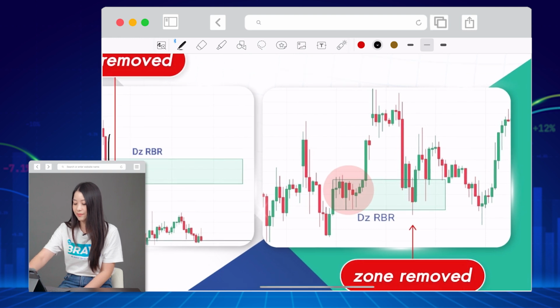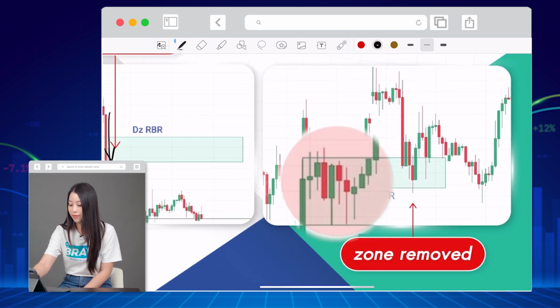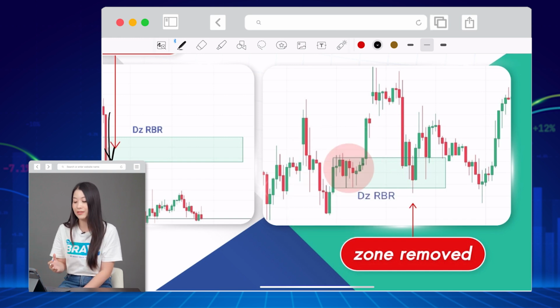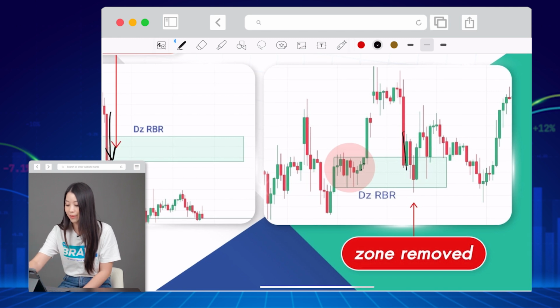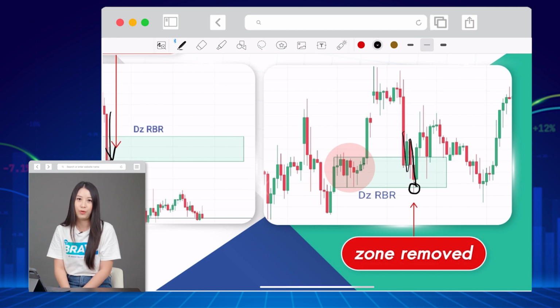Again, for this example, we have 1, 2, 3, 4, 5, 6, 7, 8, 9, so 9 candlesticks for this zone. Once the price came back down, it had a bounce, but that's a very tiny bounce. And once the price came back down again, boom, the zone has been removed.